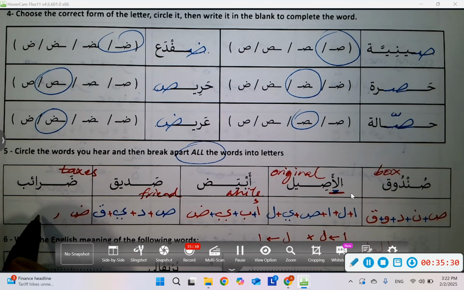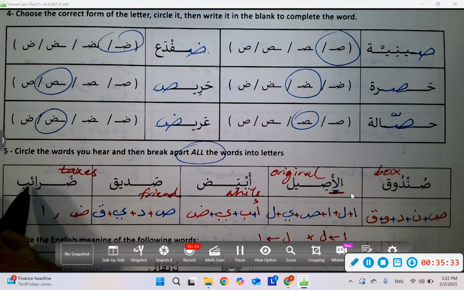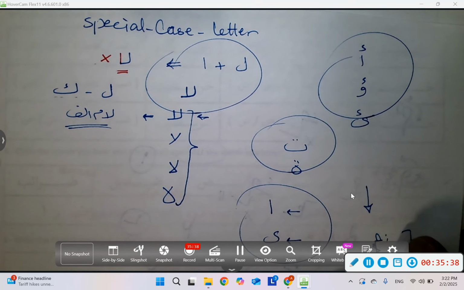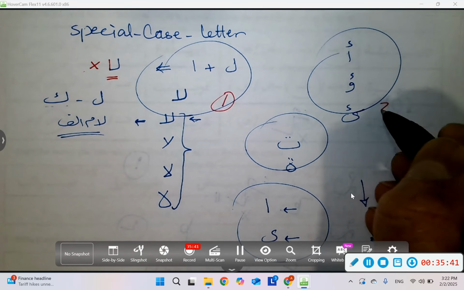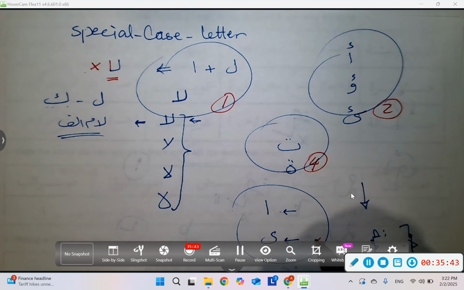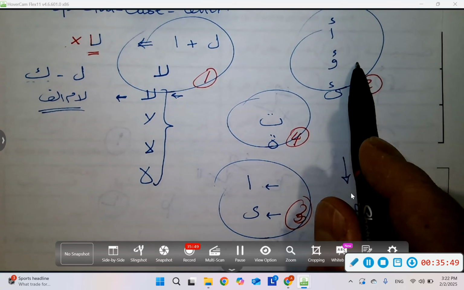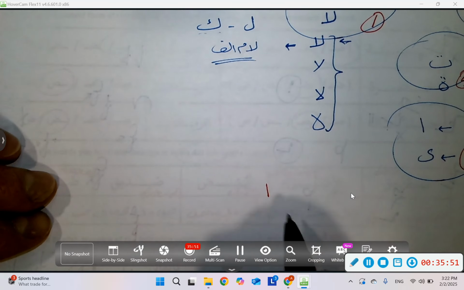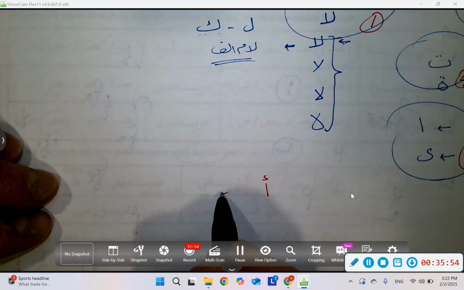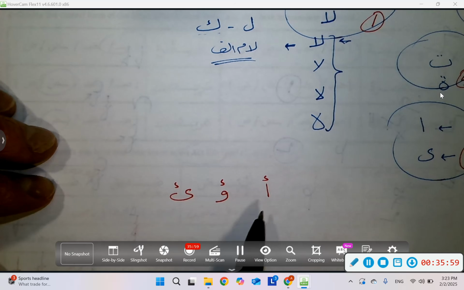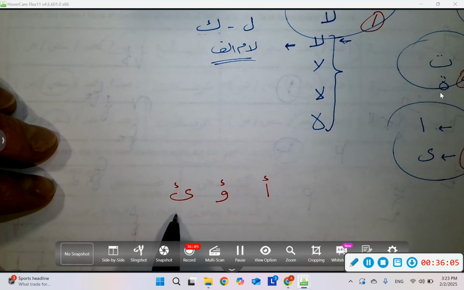ض راء ألف. And this one, remember when I said we have four special case letters. This is three. Well, this Hamza, let me do it again. Hamza ala alif, Hamza ala waw, and Hamza ala ya. The Hamza can come in many different shapes. The one on ya, we call it on ya, but we don't have dots underneath it.